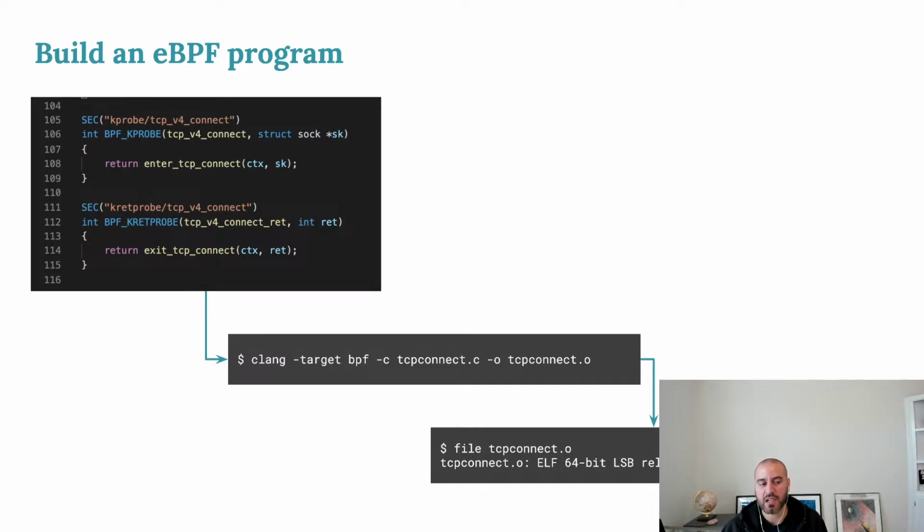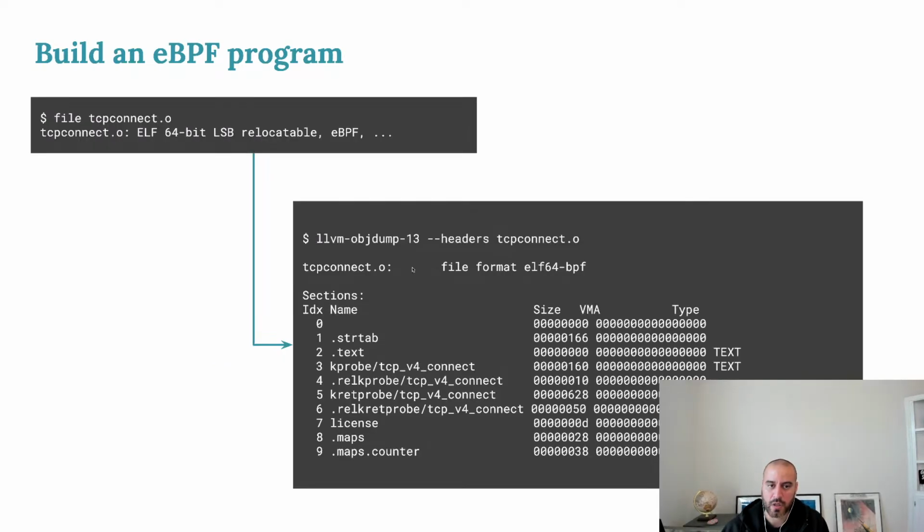So you're getting what looks like a standard executable format file, even though it's really just a way of representing some compiled eBPF code. So we have an ELF file that contains the code that we just compiled.